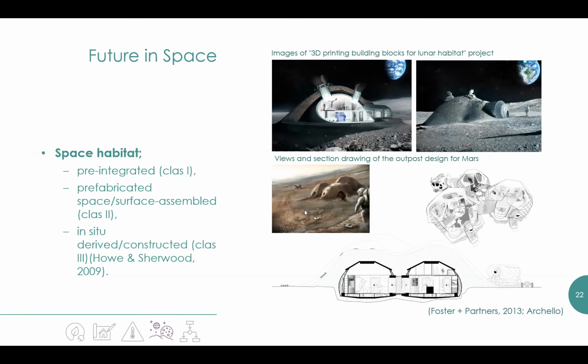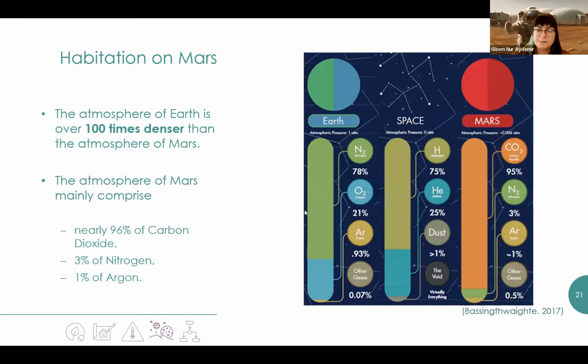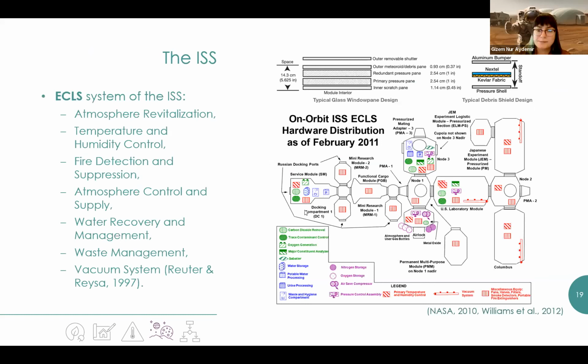Is there a certain glass that's used for space housing? I believe I will just go to the ISS slide, because I think there is some sort of layering in here. Can you see my mouse? No. Maybe the pointer, yeah, from here.